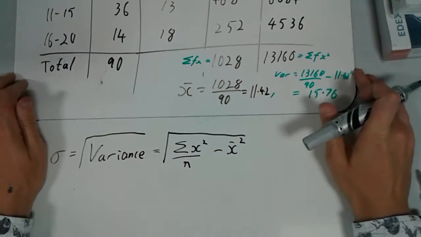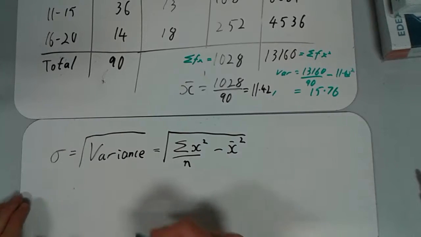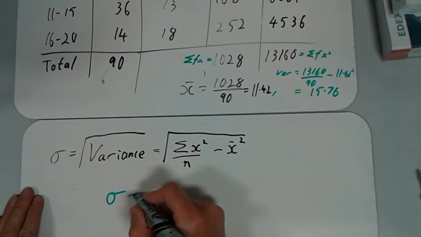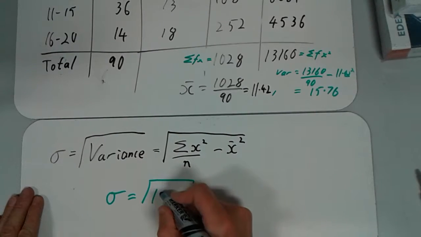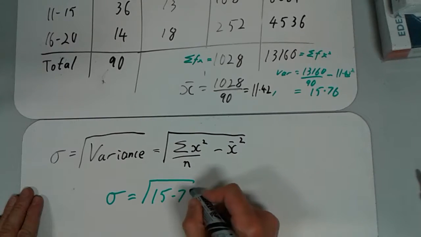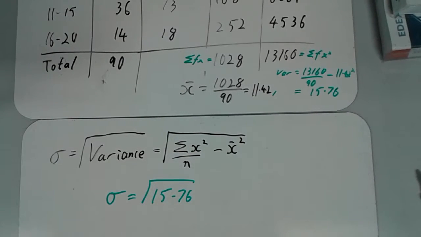Quick reminder, in order to get the standard deviation we need to square root that. So our standard deviation will be the square root of 15.76. Put that in our calculator again. We get 3.97.